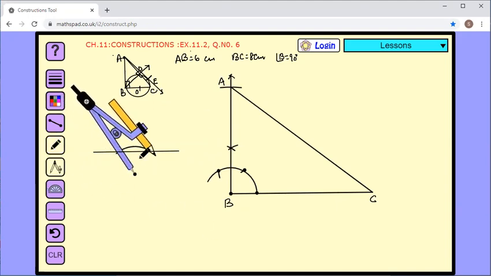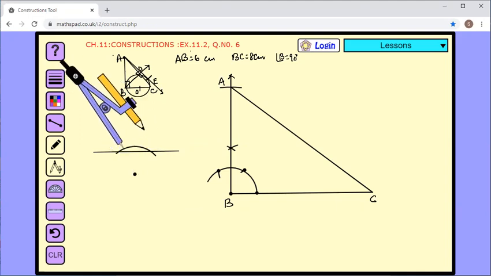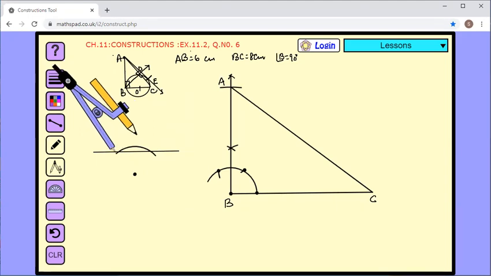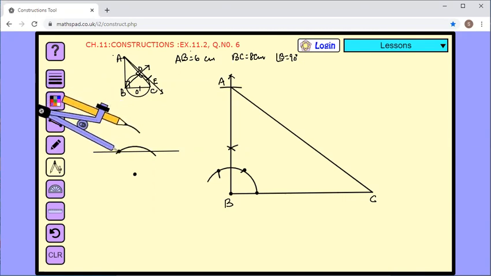Okay. Now this arc will intersect the line segment at 2 points. Now I'll lift my compass, put it on this point, and I will make an arc like this.